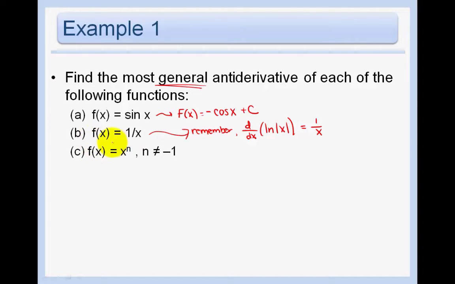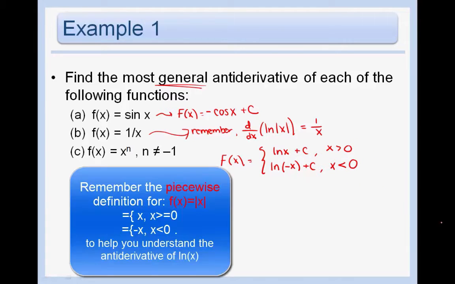When you want to go and take the antiderivative, you can't just say it equals ln x, because it only equals ln x plus c for values greater than 0. And it actually equals ln of the opposite of x, because we need the ln of absolute value of x plus c for values less than 0. And of course, if x equals 0, it's undefined.